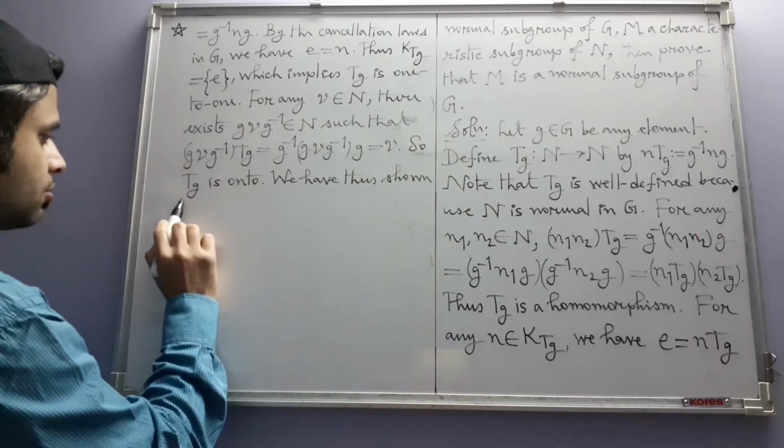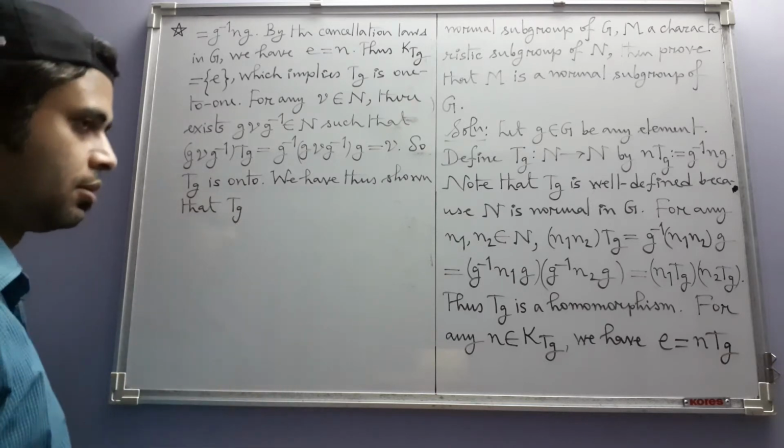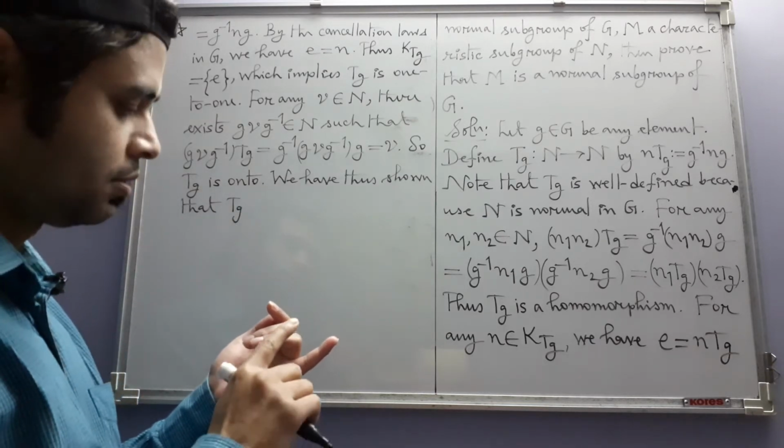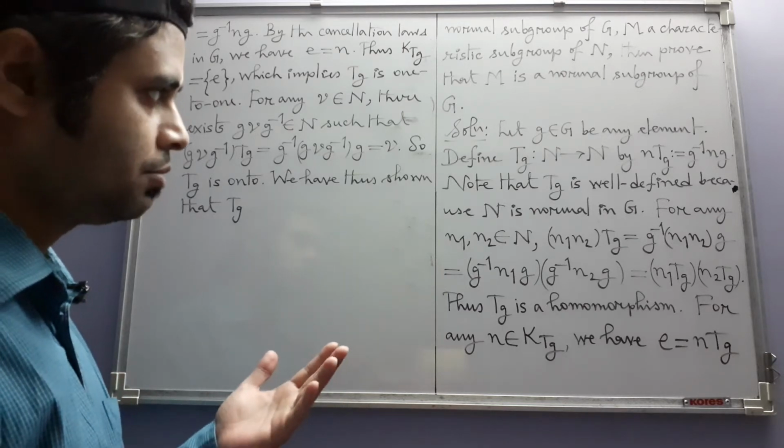We have thus shown that Tg is a homomorphism which is one-to-one and onto. That means it's an automorphism of which group?